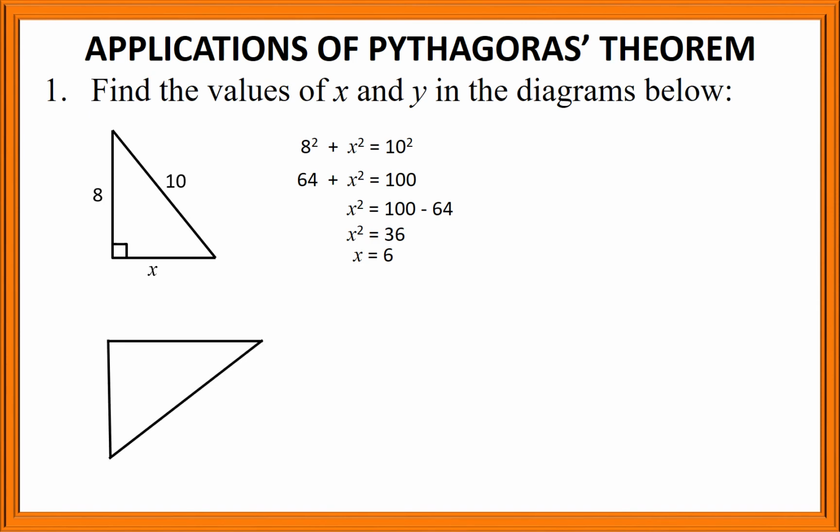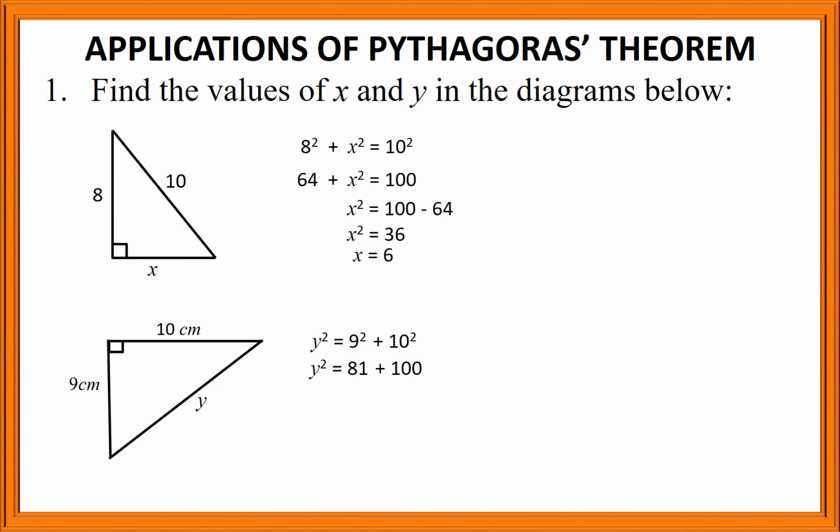Let's look at the second diagram, where the horizontal is now 10 centimeters, the vertical is 9 centimeters, and the hypotenuse is y. To find y, since the other two sides are given and the hypotenuse is not given, the relation is as follows. y squared will be equal to 9 squared plus 10 squared.